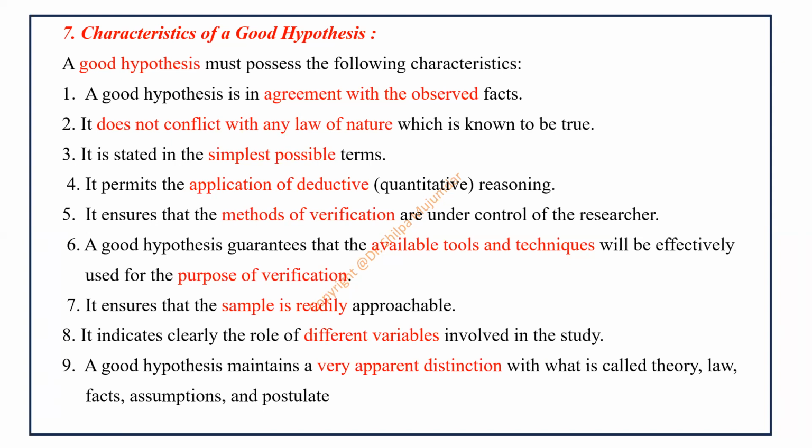Then it does not conflict with any law of nature. Whatever law of nature or theory has been proved till now, it will not conflict with it. Then it is stated in the simplest possible form. It should be a very simple statement, not complex and confusing, and it should not have dual meaning.